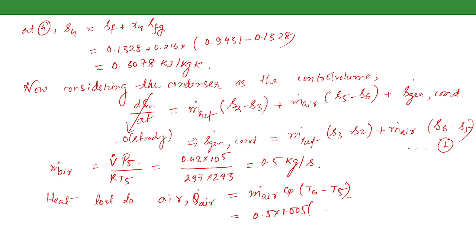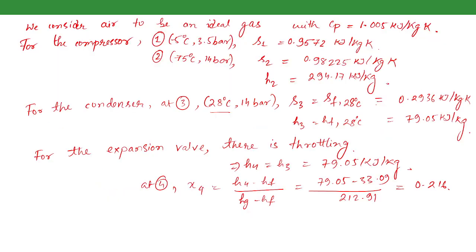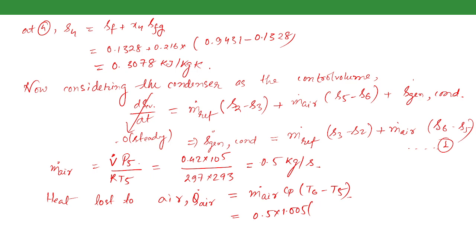Temperature of air changes from 20 to 50 degrees Celsius. That is, there is a temperature difference of 30 degrees. This is 15.075 kilojoules. So this is the heat lost by the refrigerant to the air in the condenser.